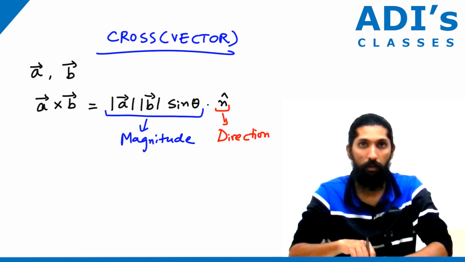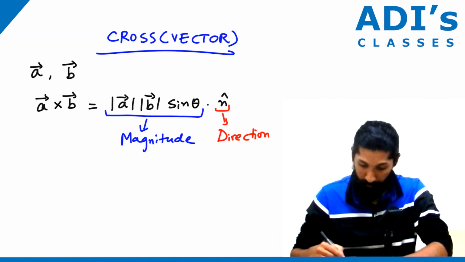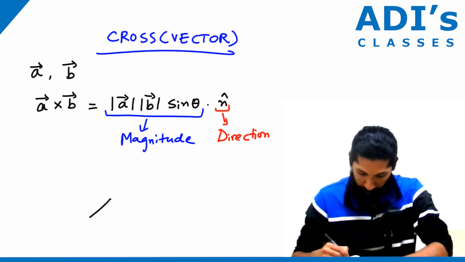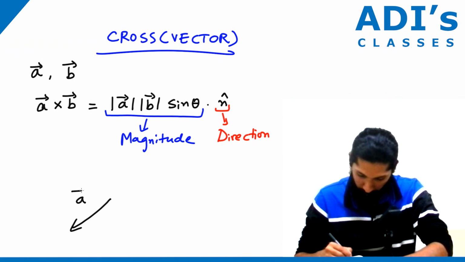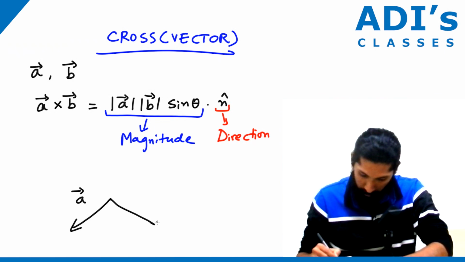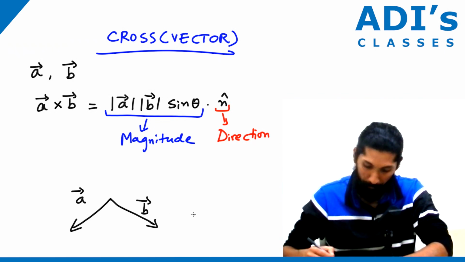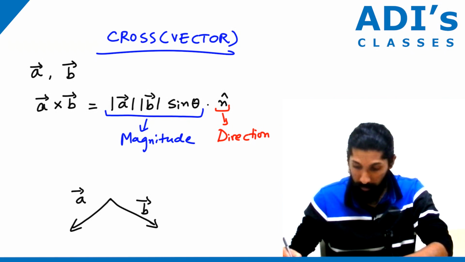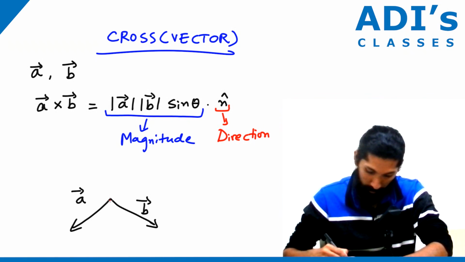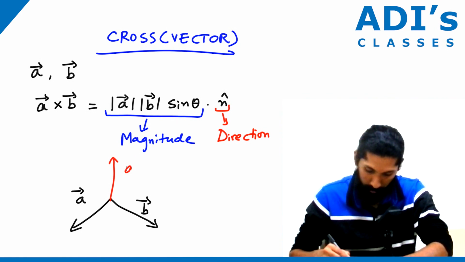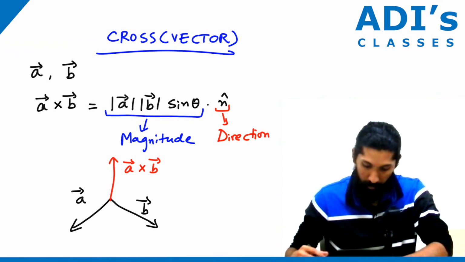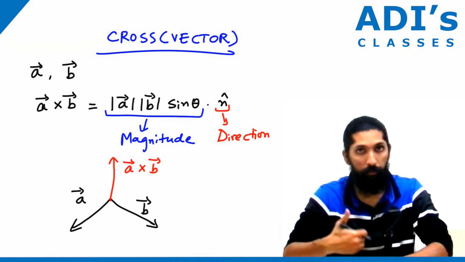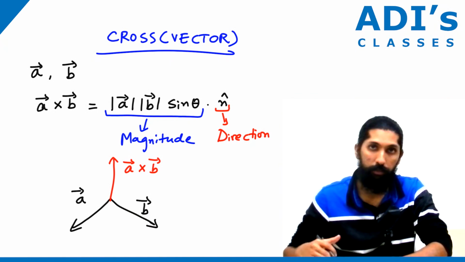Suppose you assume that this is vector A, and assume that this is vector B. Now remember, we are going from A to B, correct? The resultant is going to be in this particular direction. This is A cross B. You're going from A to B, so the direction is upwards.